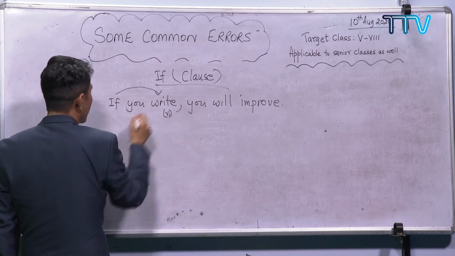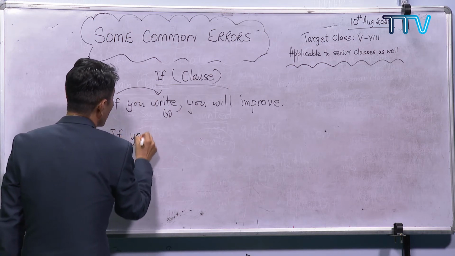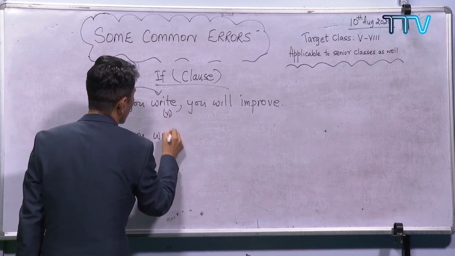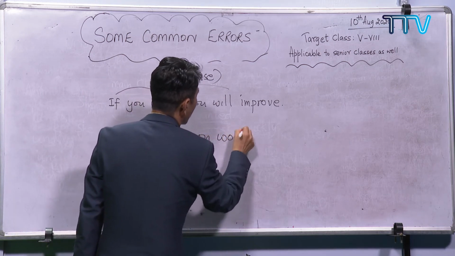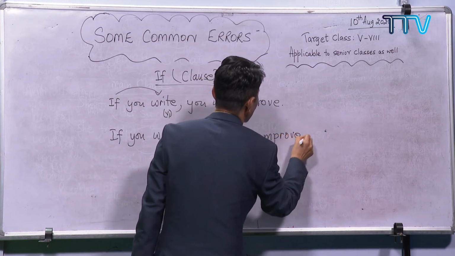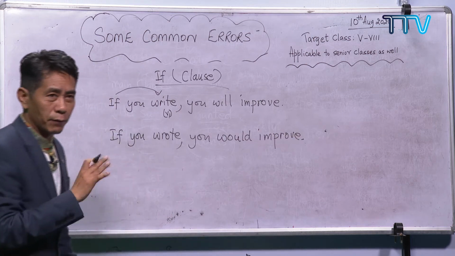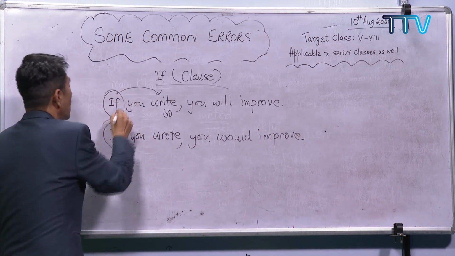Now, after "if" we write verb 2, for example, sometimes, if you wrote, instead of "you will", you would improve. That is the thing that we make mistakes regarding.